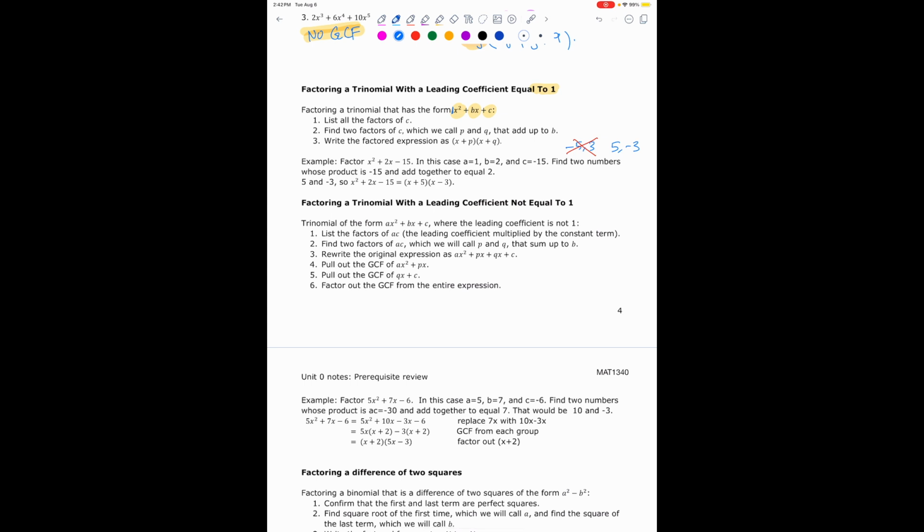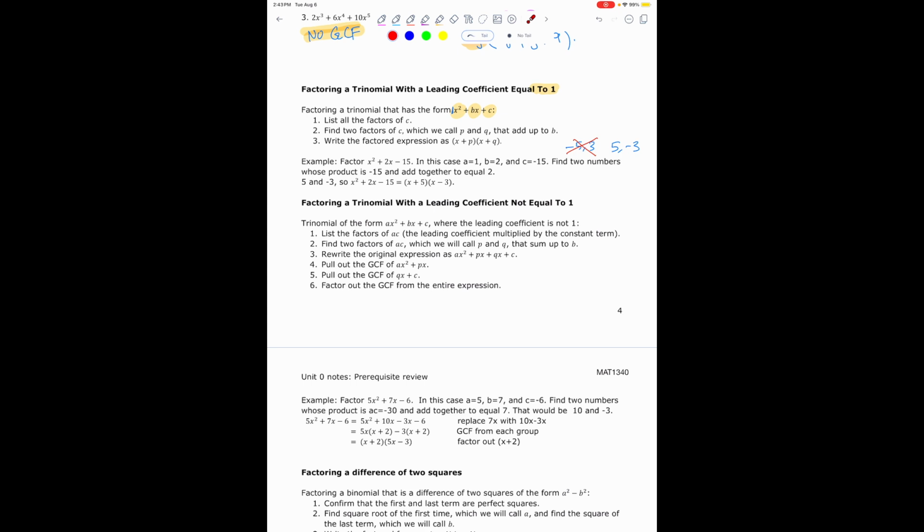If we multiply 5 times negative 3, we get negative 15. If we add these 2 together, we get positive 2, which means those are the correct factors. And that's why we can factor our trinomial as x plus 5 times x minus 3, because the 3 here is negative.